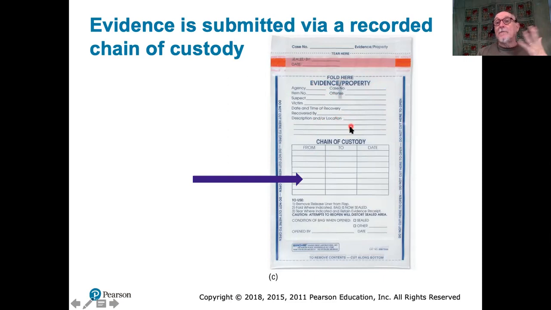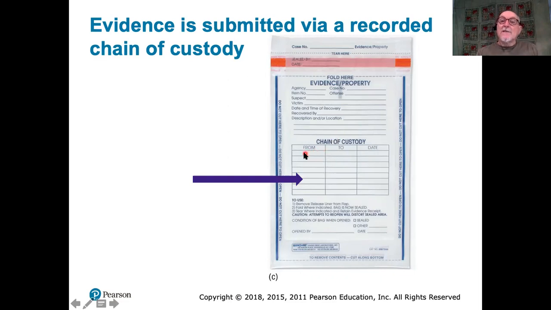And they provide a brief description, often a case number, for example, and maybe a brief description of what is in the envelope and what its relevance is.